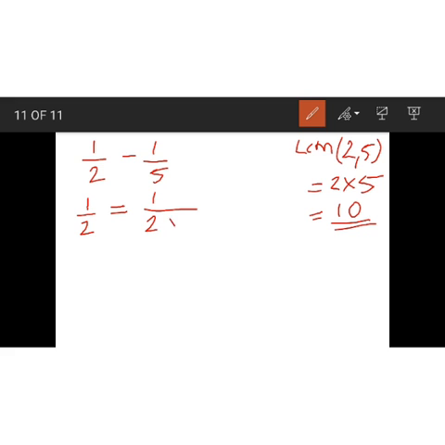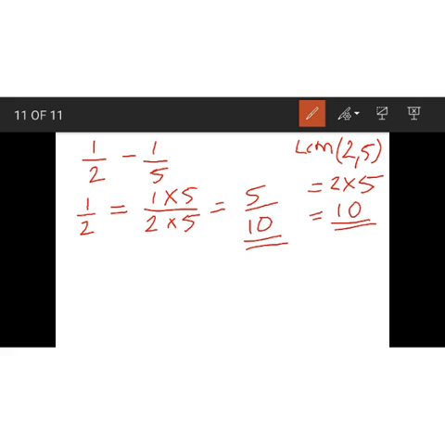It is 5. If we are multiplying the denominator, then we should multiply the numerator also. So this will be 1 into 5 by 2 into 5. So we will get the answer as 5 by 10.